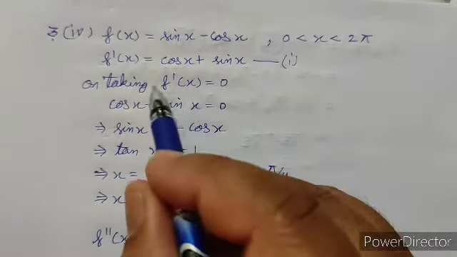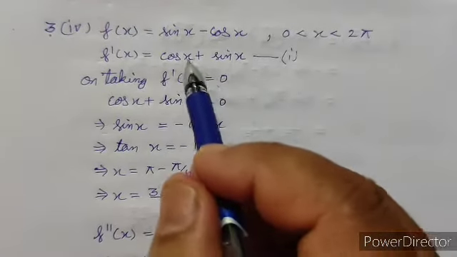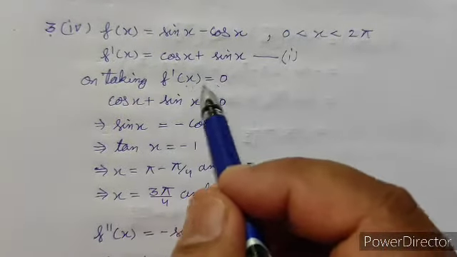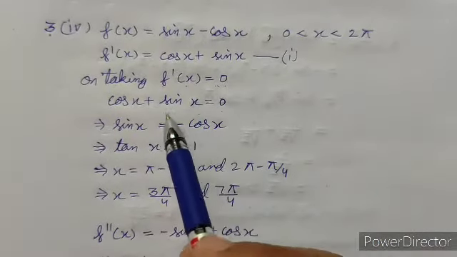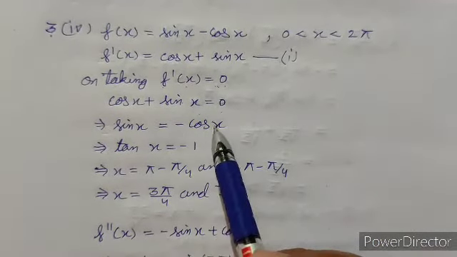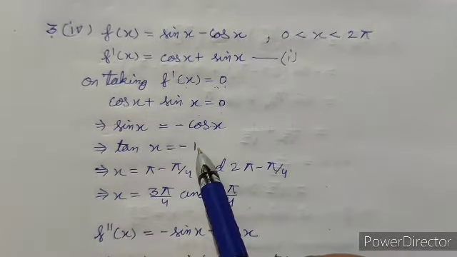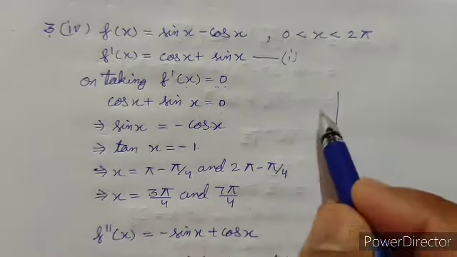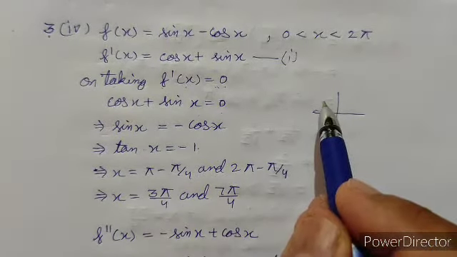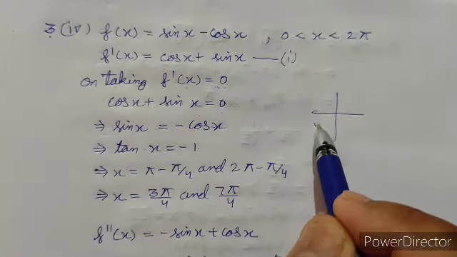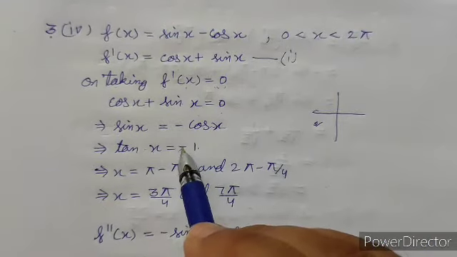Now in second step we will take f dash x equal to 0 to find the values of x. Now on taking f dash x equal to 0, this cos x plus sin x will be equal to 0, and this will give us sin x equal to minus cos x. On dividing both sides by cos x, we will get tan x equal to minus 1. Now as we know that tan is positive in first and third quadrant, and here we are getting the negative sign.